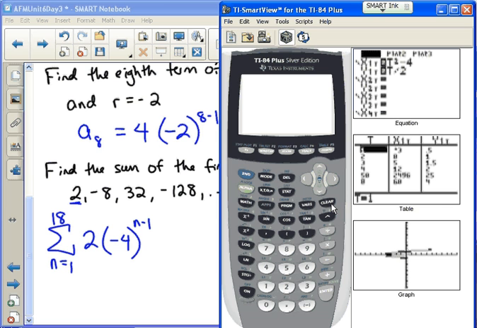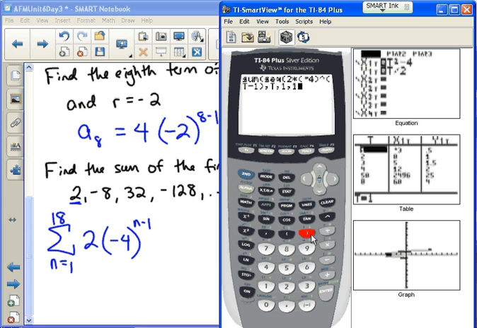On this one I don't, so I have to use second list, go to sum, second list, go to sequence, and then I plug in the equation, 2 times parentheses negative 4 raised to the parentheses x minus 1. And then I close the parentheses, do comma x, or my calculator is using t right now. That's fine, as long as you use the same variable all the way throughout, it doesn't matter. And then we go 1 comma 18.